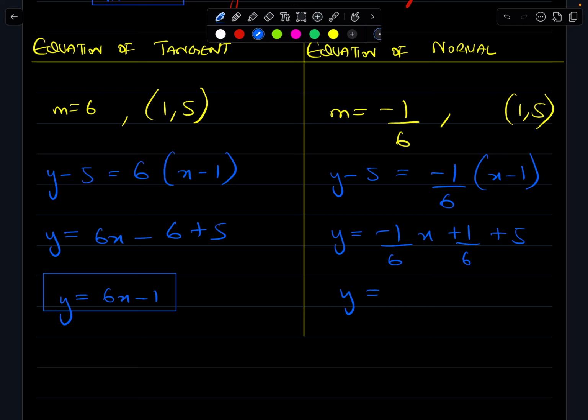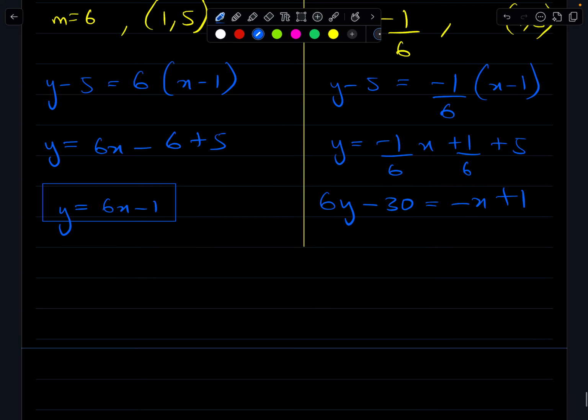Solving this and simplifying this further would give me something like, just a second, 6y minus 30 minus x plus 1, and I'd be left with x plus 6y is equals to 31.